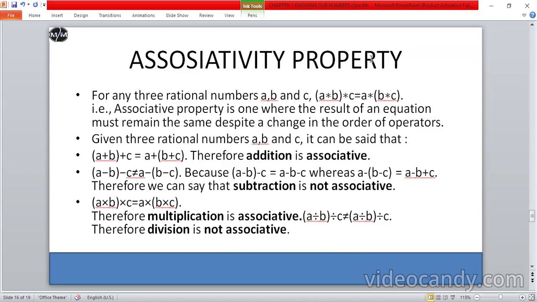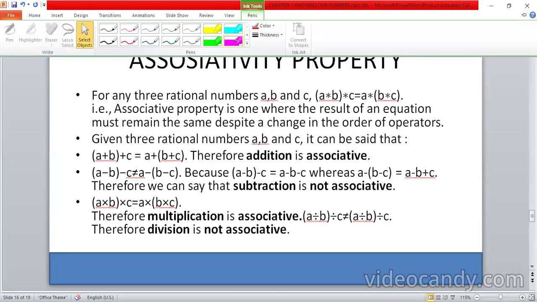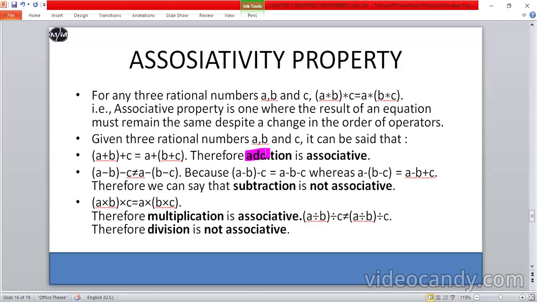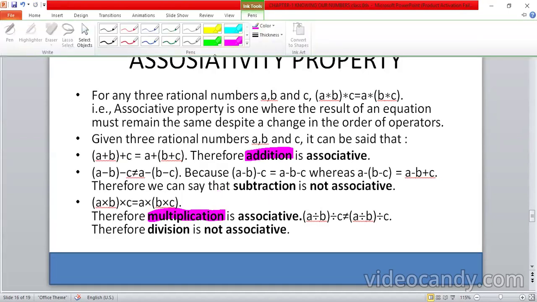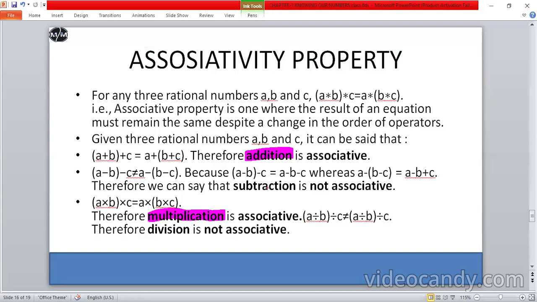For any three rational numbers A, B, and C, associative property is one where the result of an equation remains the same despite the change in the grouping. This is applicable only for addition and multiplication. This is not applicable for subtraction and division. We'll see why.